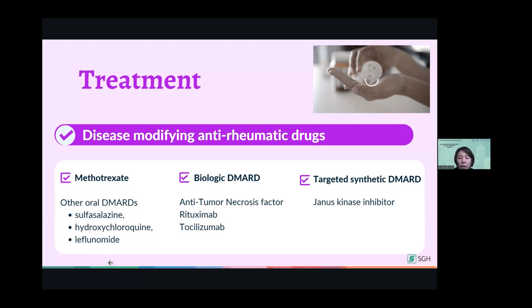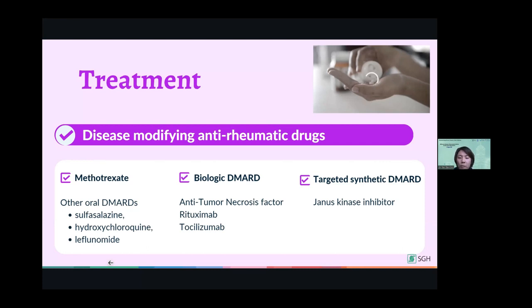For those who do not improve with methotrexate, other immunosuppressive medications may be added sequentially. Some of these other oral disease-modifying anti-rheumatic drugs include sulfasalazine, hydroxychloroquine, leflunomide.